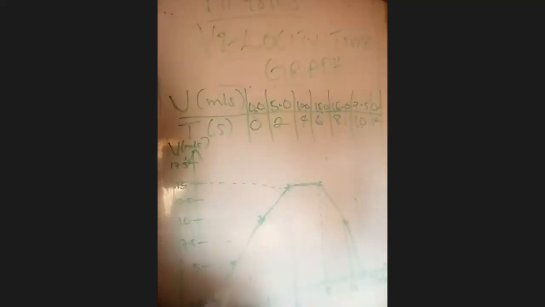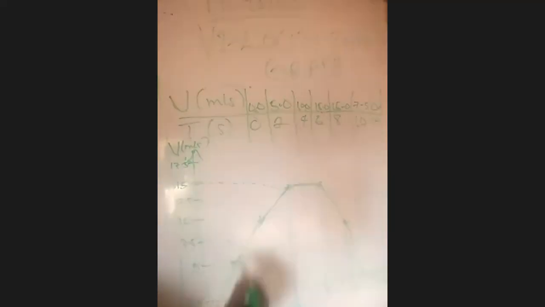Now, if you look, this is the starting of the object when the body is at rest. Here is when the velocity is 5.0 meters per second, the time is 2 seconds. When the velocity is 10 meters per second, the time is 4 seconds.